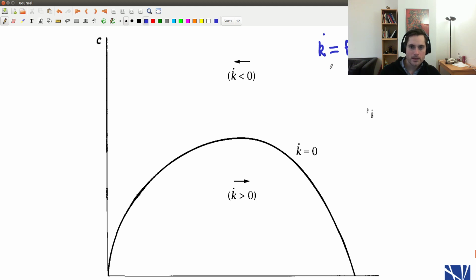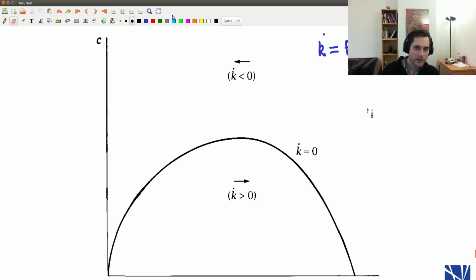Okay, so how does this work? Let's take a look at this thing. Let's actually solve here for where this is 0. So when little k dot is 0, I wish I'd put this t here.